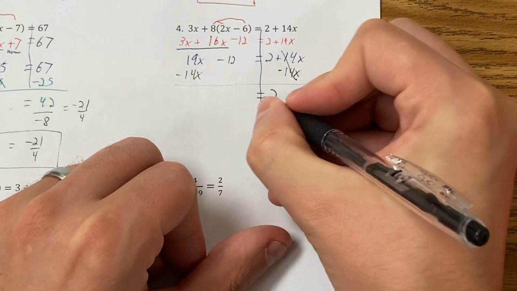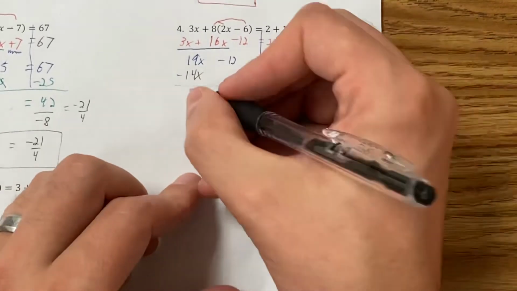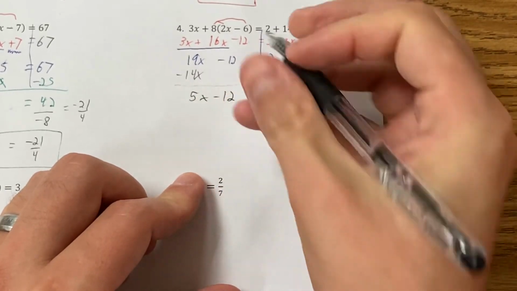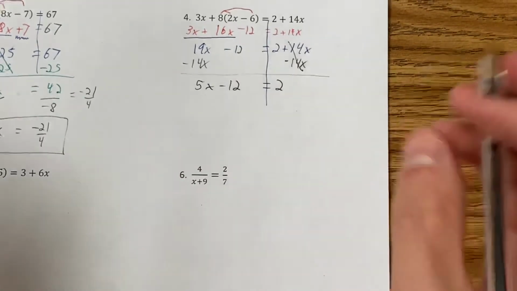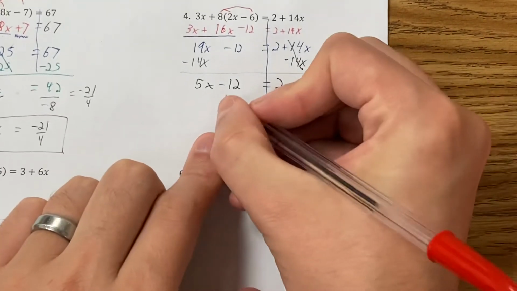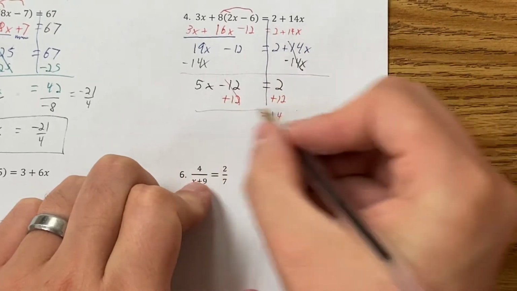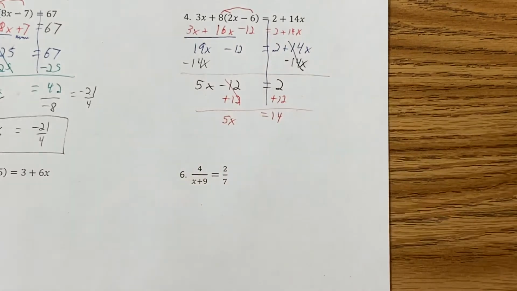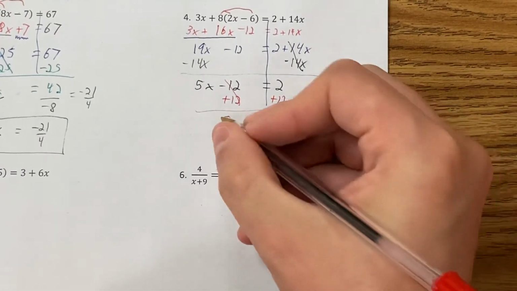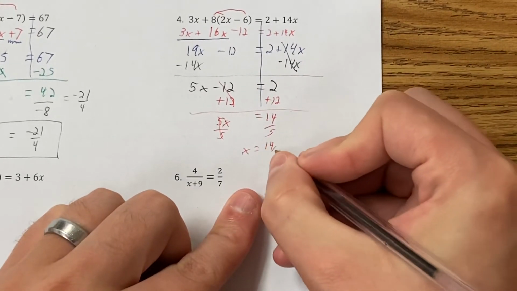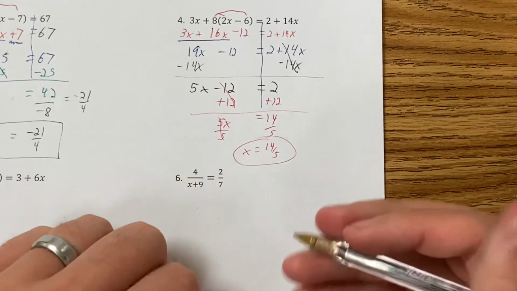So you just got a 2 on the right side. And then 19 minus 14 is 5. And we'll go ahead and solve from there. So go ahead, if you can, pause it and solve it. That does not simplify, so that's just the answer.